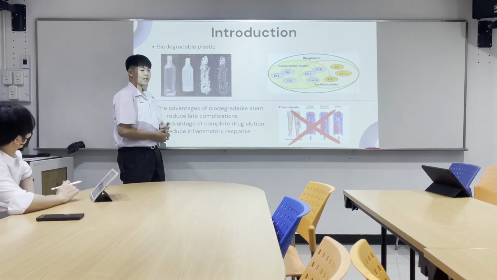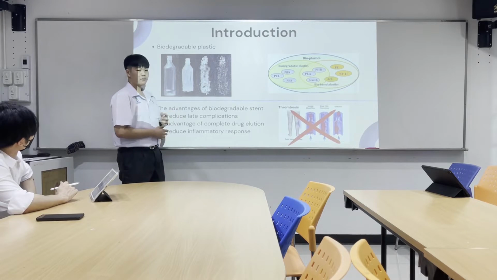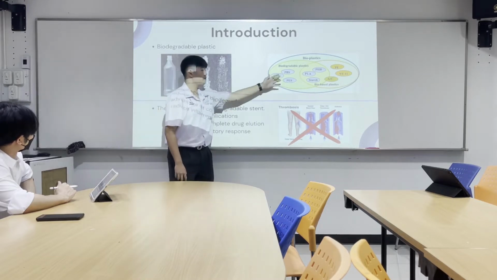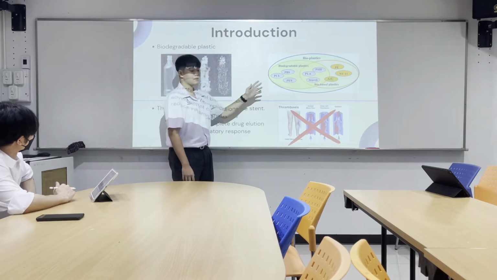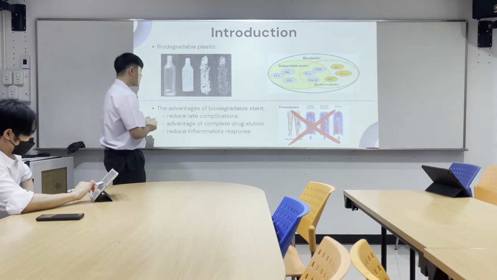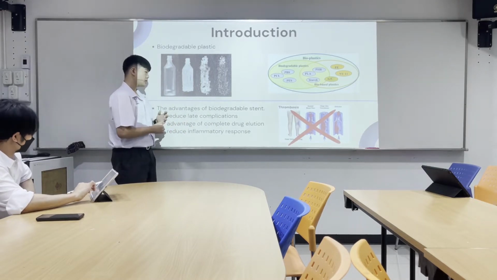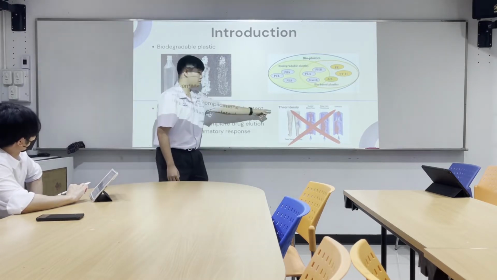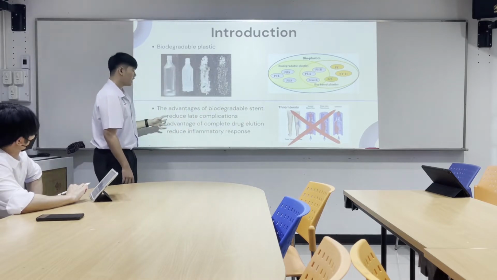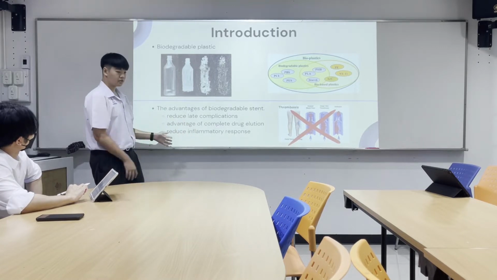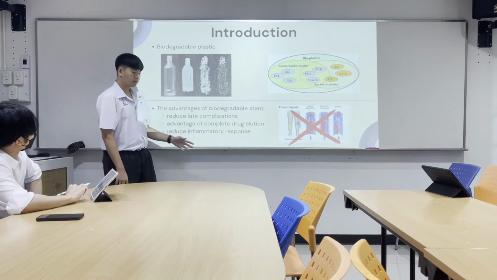A biodegradable stent is a stent made from biodegradable material, a material that can be decomposed by microorganisms, such as PLA, polylactic acid, and PLLA, poly-L-lactic acid. The advantages of biodegradable stents are that they can reduce the rate of complications, such as thrombosis, they have the advantage of complete drug elution, and they also reduce the inflammatory response.